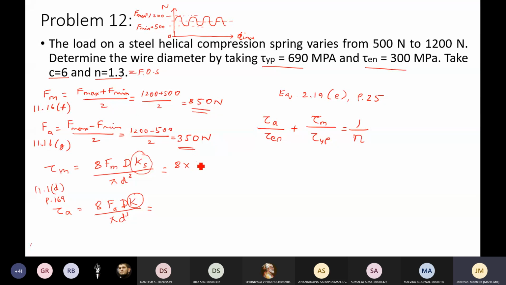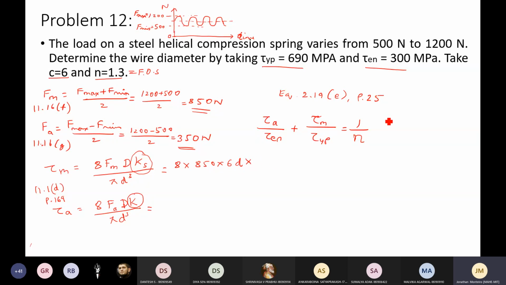this is 8 into 850, D is not given. So of course we don't know d or D, but we know what C is, which is 6, so I can write 6d.